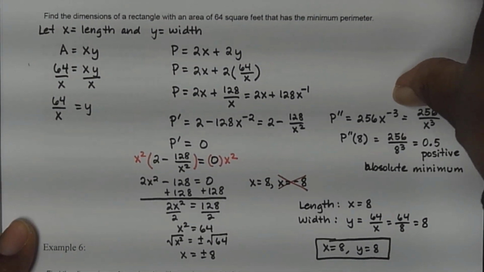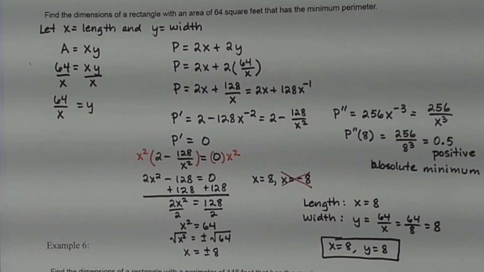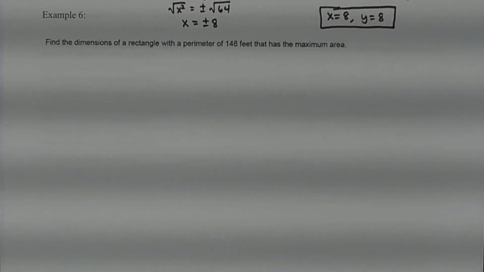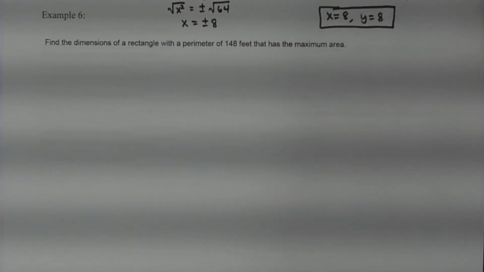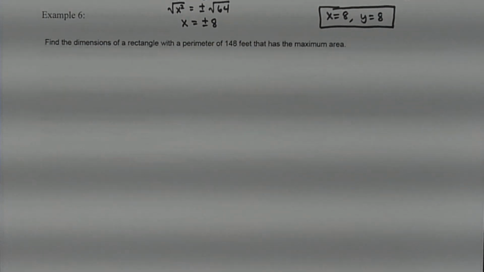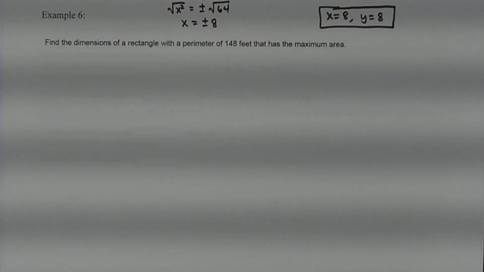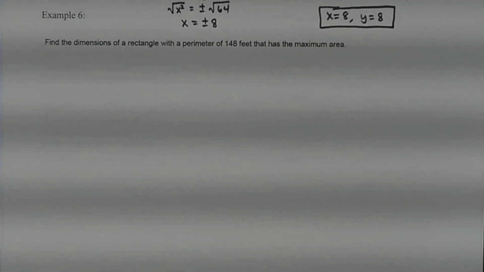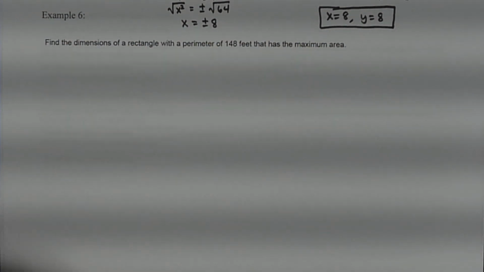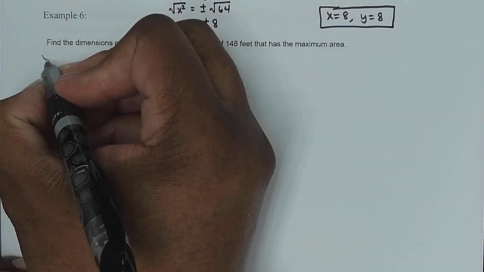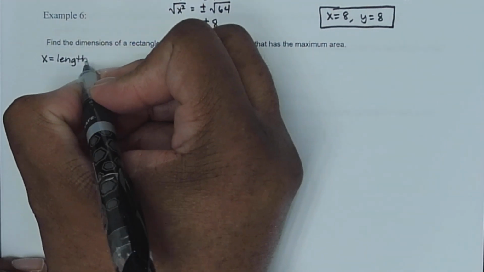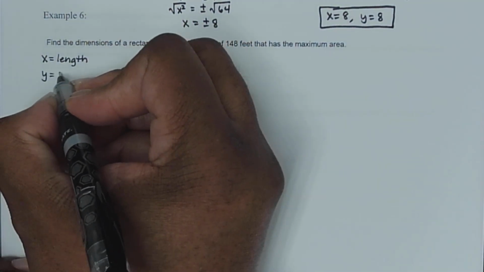All right, now let's look at a problem that has a maximum area in it, like this one. Here we're going to find the dimensions of a rectangle with a perimeter of 148 feet, and it has a maximum area. So here, again, I'm going to let x be the length, and y be the width.